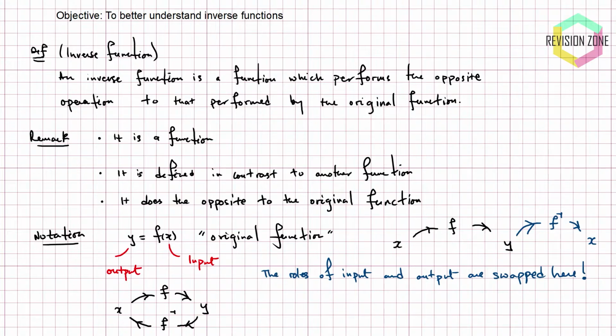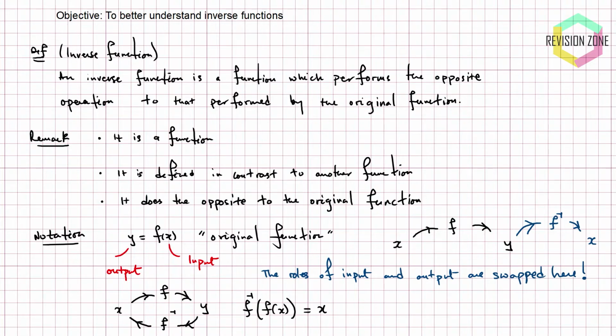So the way to write this down is to say you start with x, you apply f to it. So this is f of x, which is another way of saying y. And then if you apply the inverse function to the whole thing, we come back to where we started. So we actually have this.